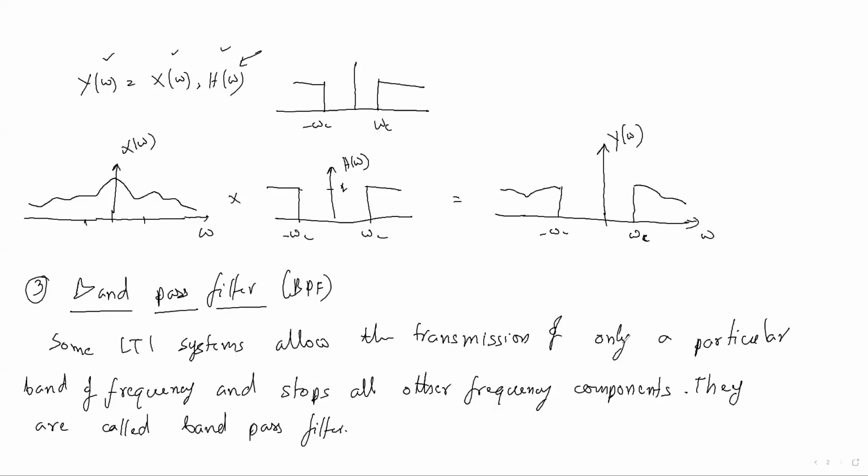The characteristics of H of omega in this band pass filter, I'll explain in the next slide, next page. What will be the characteristics of H of omega in a band pass filter? Let me draw.